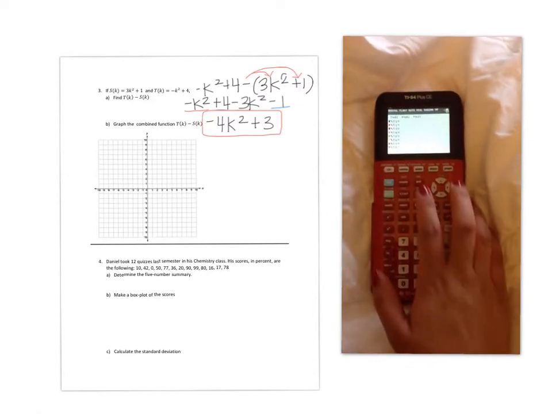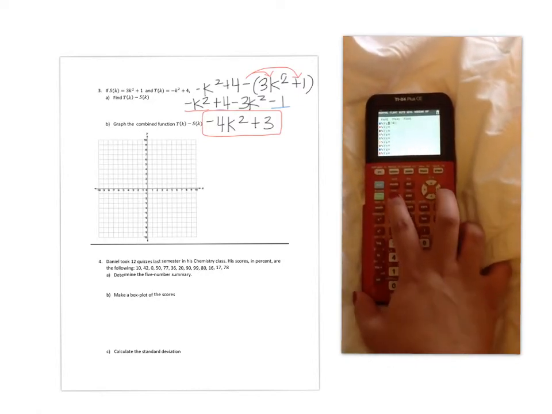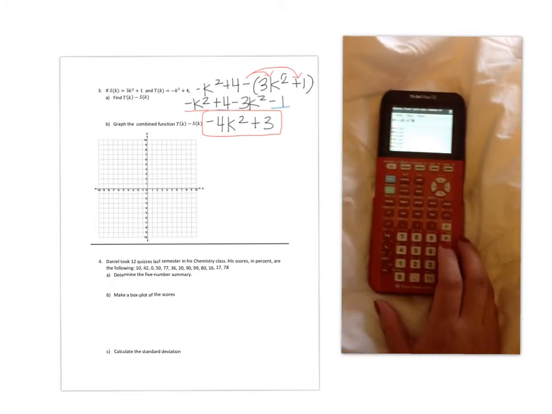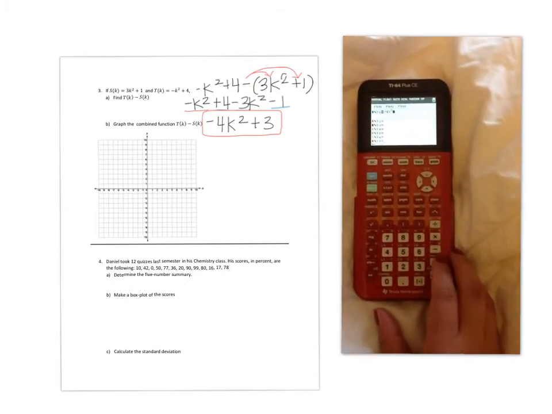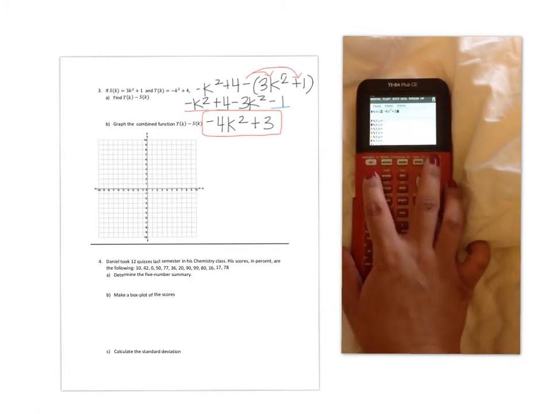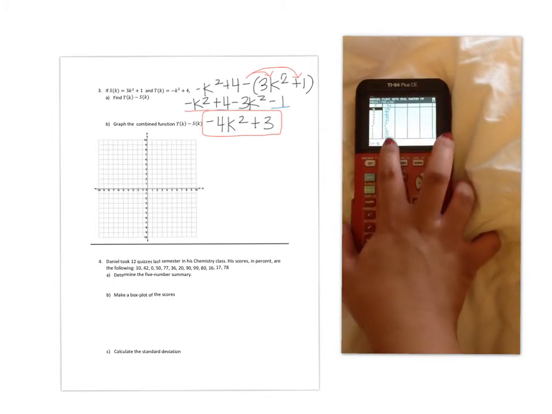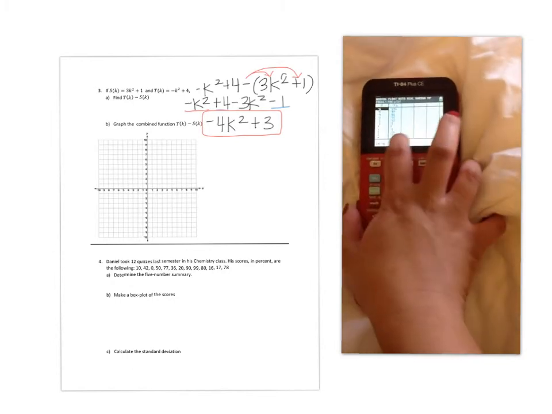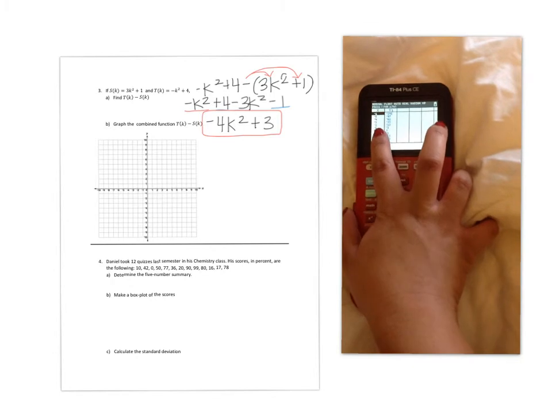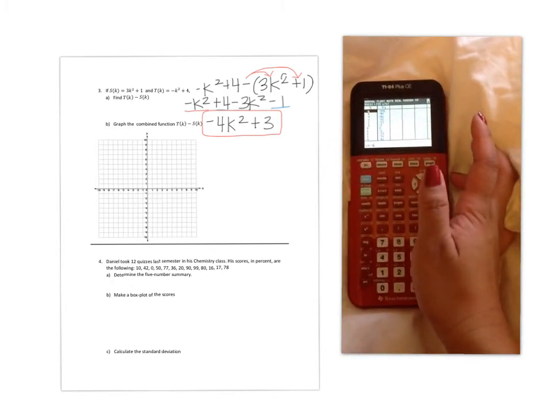So you're going to do y equals, and I believe it was negative 4x squared plus 3. And then to get the points, you need to go to your second table, and you're going to pick the points that are going to fit on that coordinate plane. Okay, so you're probably going to go from negative 1 to positive 1. That's probably going to be the only one that fits.